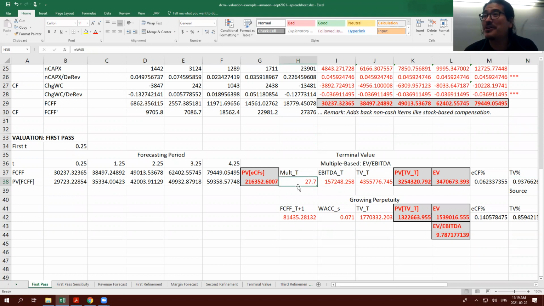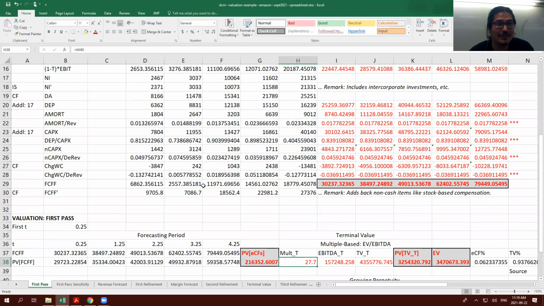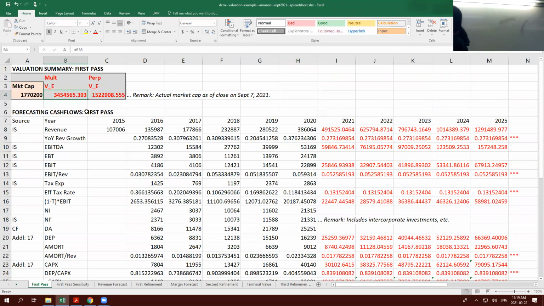So I know I need to do a better job here. I need to assume that Amazon is not quite as mature anymore. Probably it needs to have some sort of lower multiple. So by the way, that is why this number is so damn high. The number I got is twice its actual valuation, and I know the main reason for that.